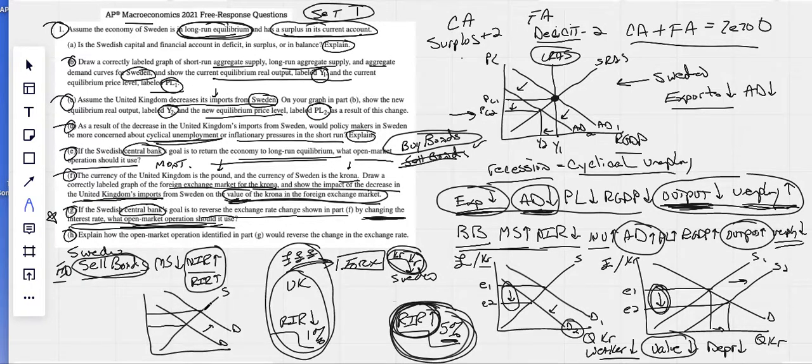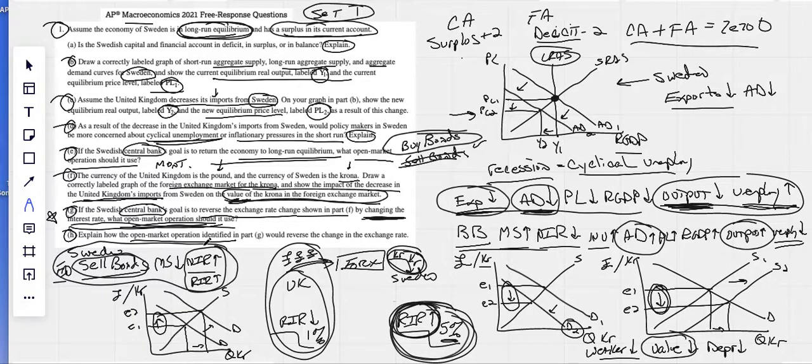More people are going to want to buy it, and that is going to drive up the value of the Corona. And that is still pounds to Corona. All right, I hope that makes sense. I like using the graph here, but you could also explain it using this right here.